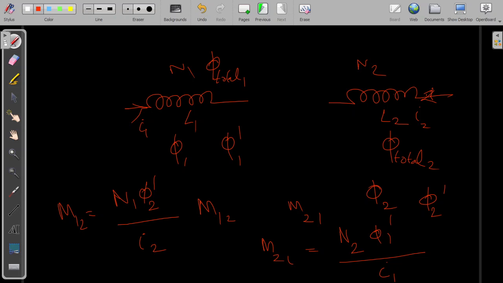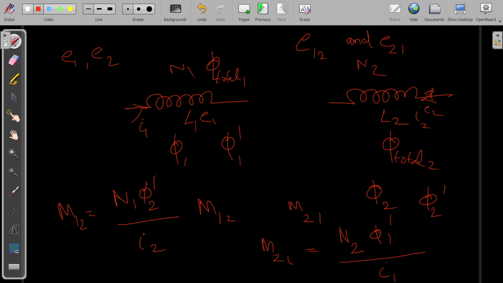What happens is, because of self inductances L1 and L2, we have self-induced EMFs E1 and E2, and also we have mutual inductances M12 and M21. So due to M12 and M21, we have mutually induced EMFs E12 and E21 also.